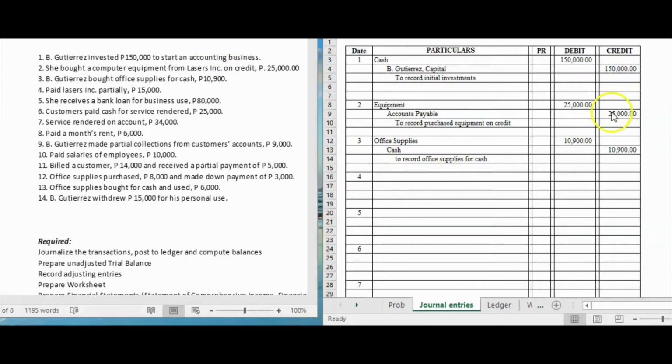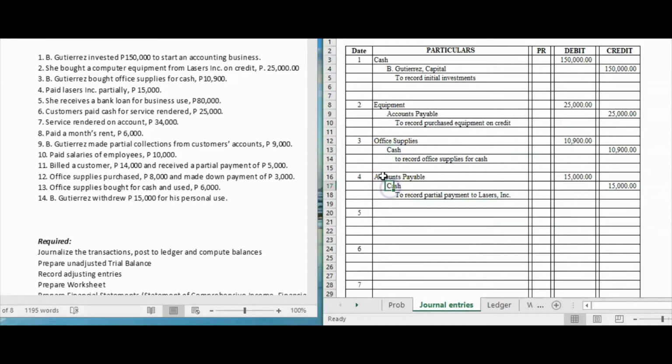So, ang entry natin in this transaction is that meron tayong accounts payable na 25,000 before, nadagdagan ng utang natin. In this transaction now, mababawasan siya. Okay? That's why we are going to debit accounts payable in the amount of 15,000. Dahil nagbayad tayo, there is also a decrease in cash worth 15,000 too. Okay?